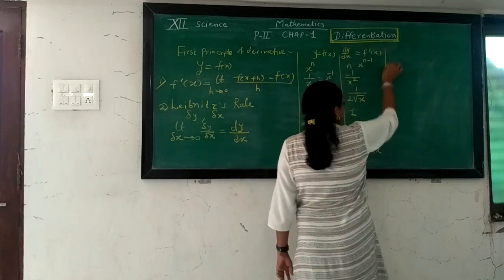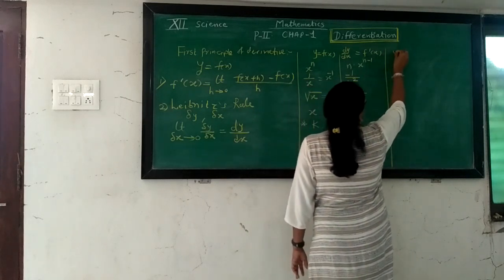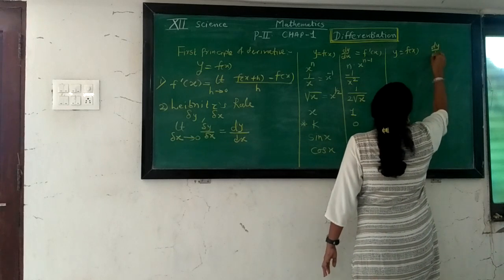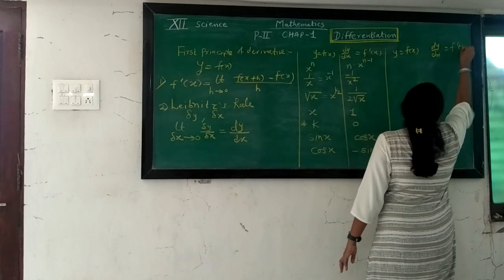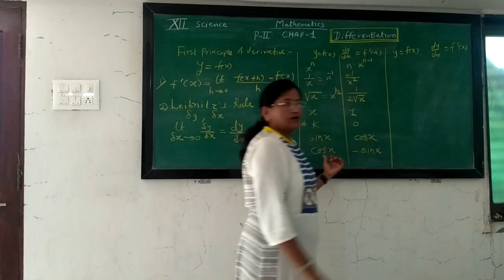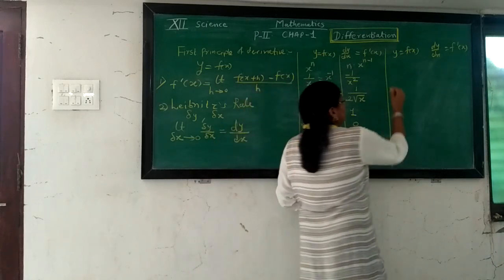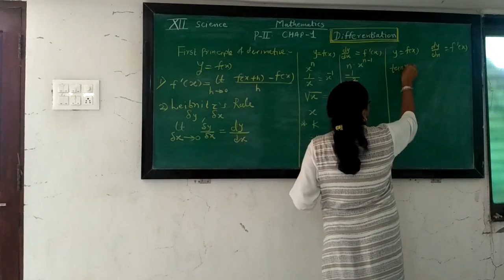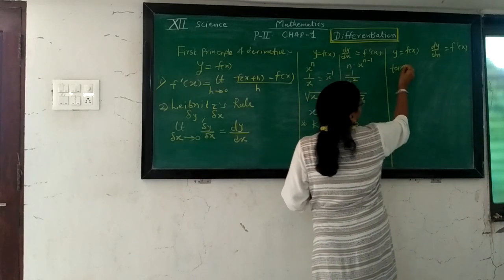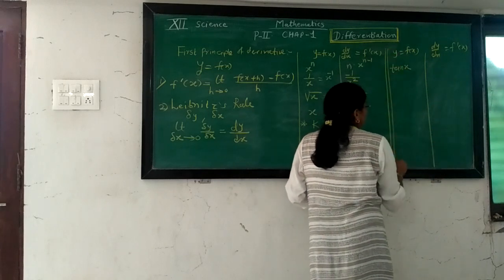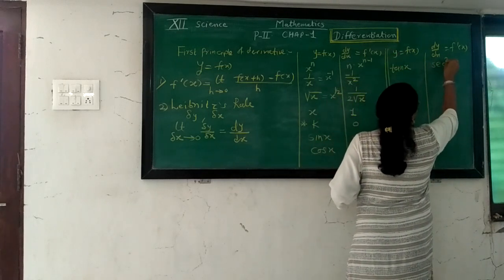Now we take the next function, tan x. For this tan x, its derivative is equal to sec square x.